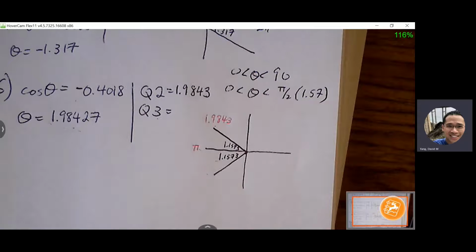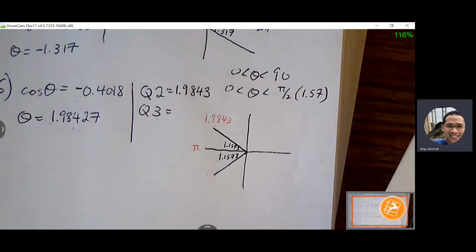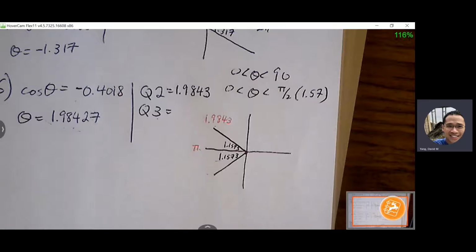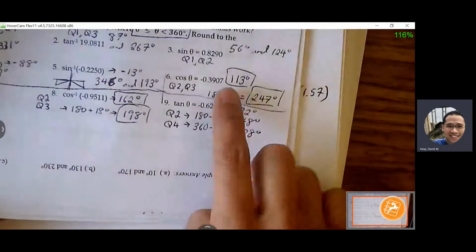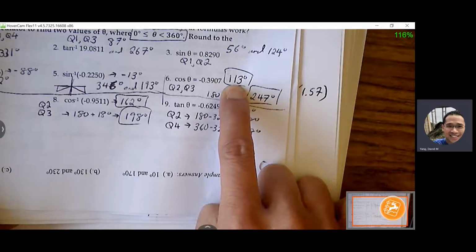So yesterday we experienced this. Yesterday with degree measures, we would get back something that's in the second quadrant, right?